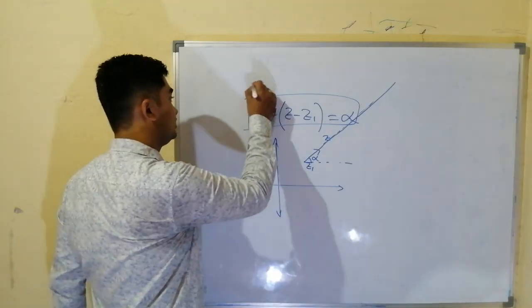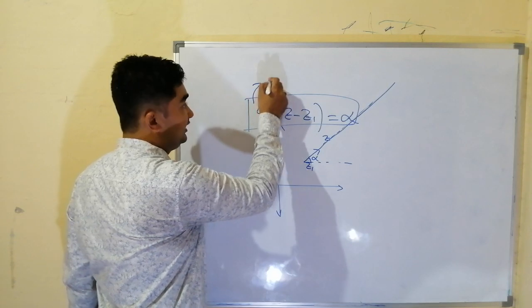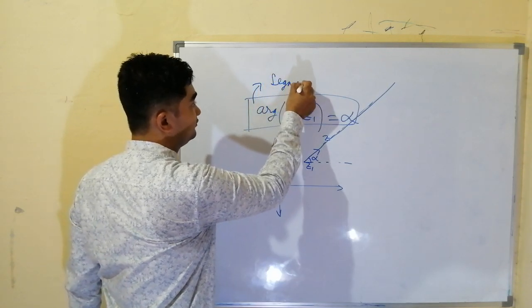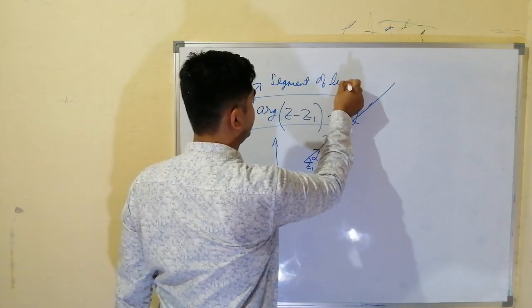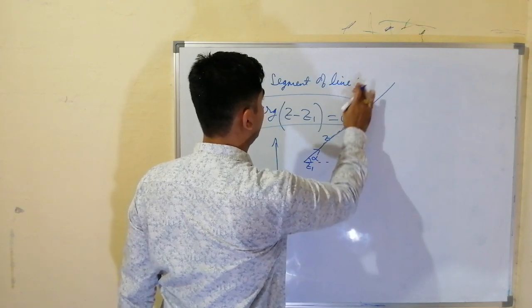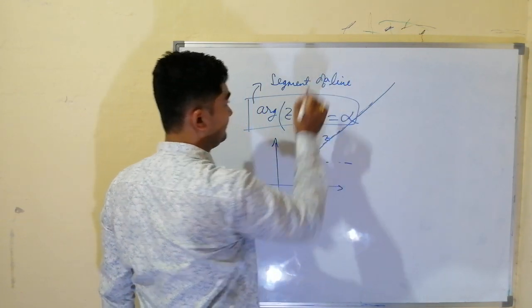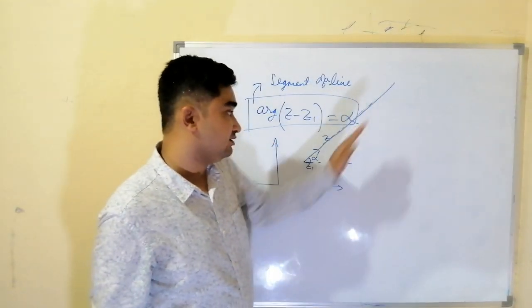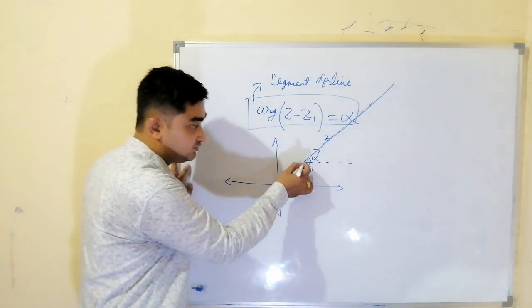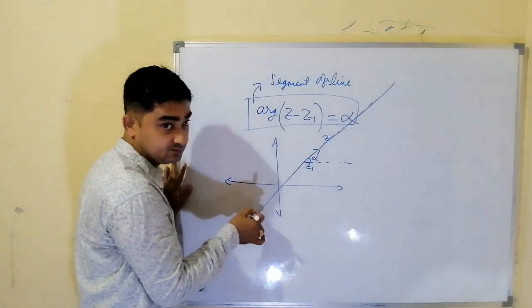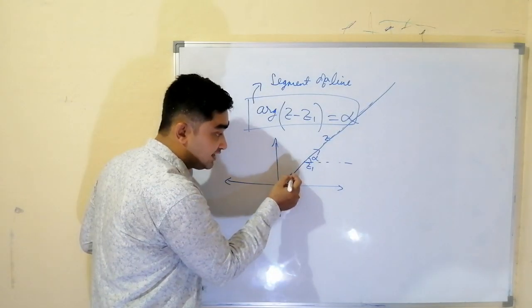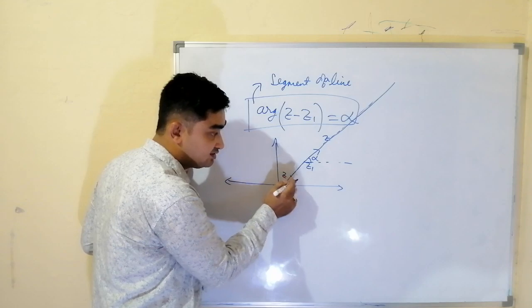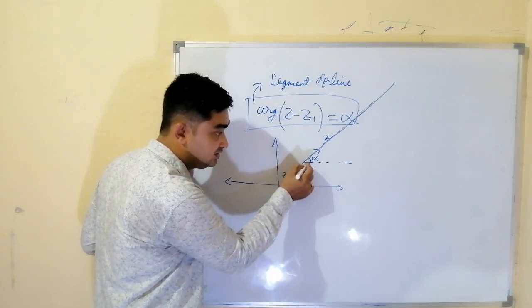So what does it represent? It represents a segment of a line. So this equation represents a segment of a line. Why segment of a line? Because when we come below Z1, then Z minus Z1, angle will be this one.